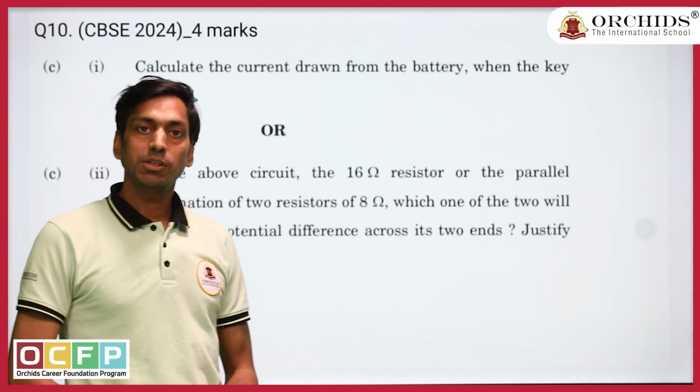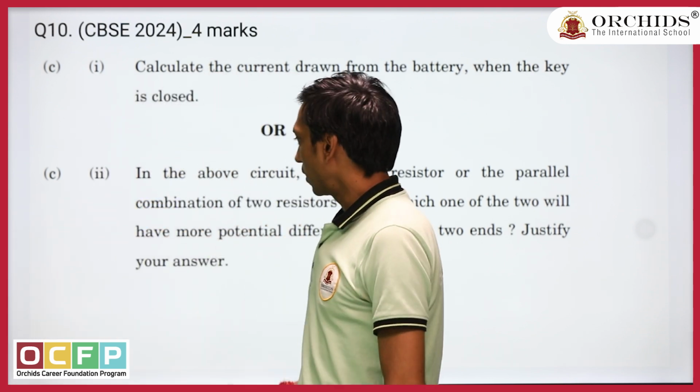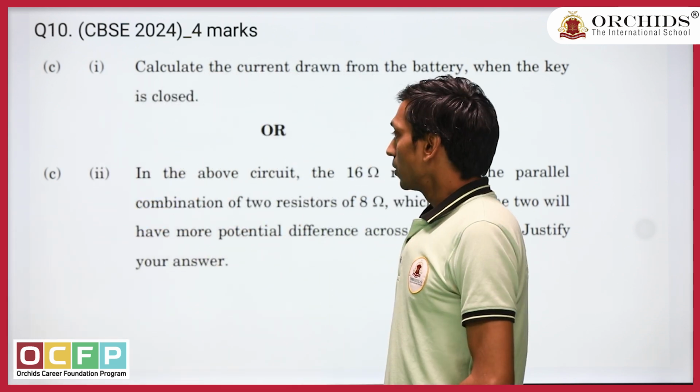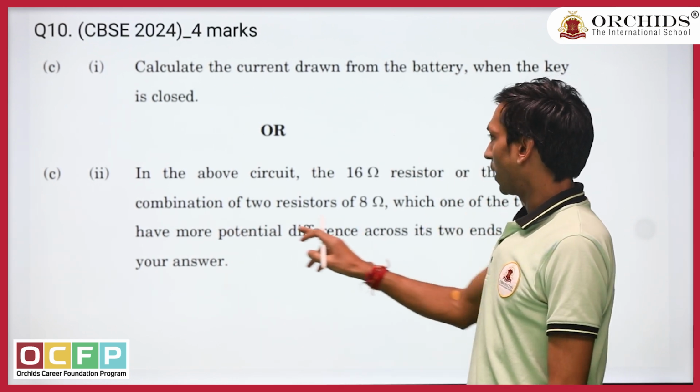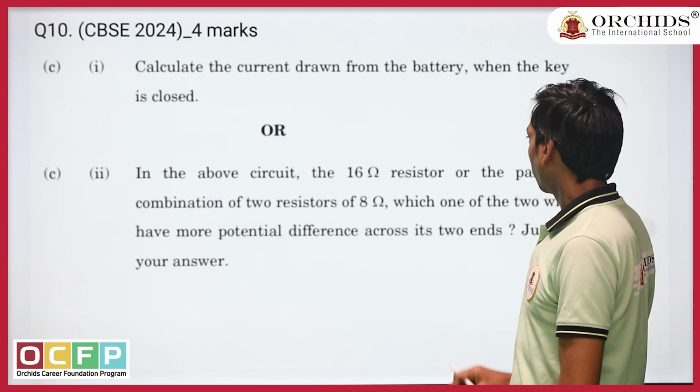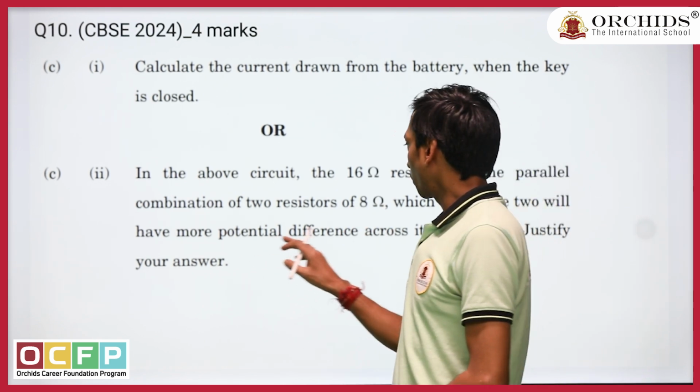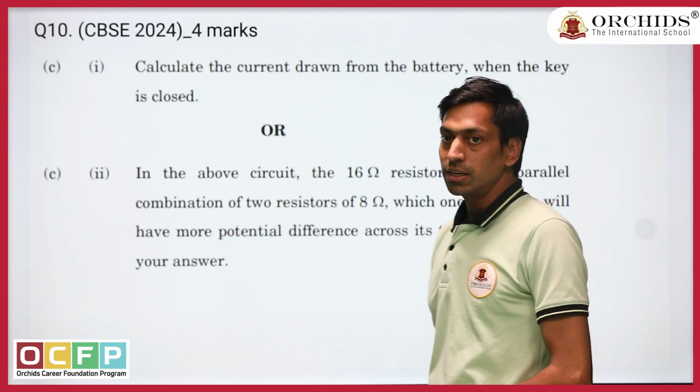Now we have question number 10, the last C part, in the OR part. We have to calculate, in the above circuit, whether the 16 ohm resistor or the parallel combination of the two 8 ohm resistors will have more potential difference across its two ends. Justify your answer.